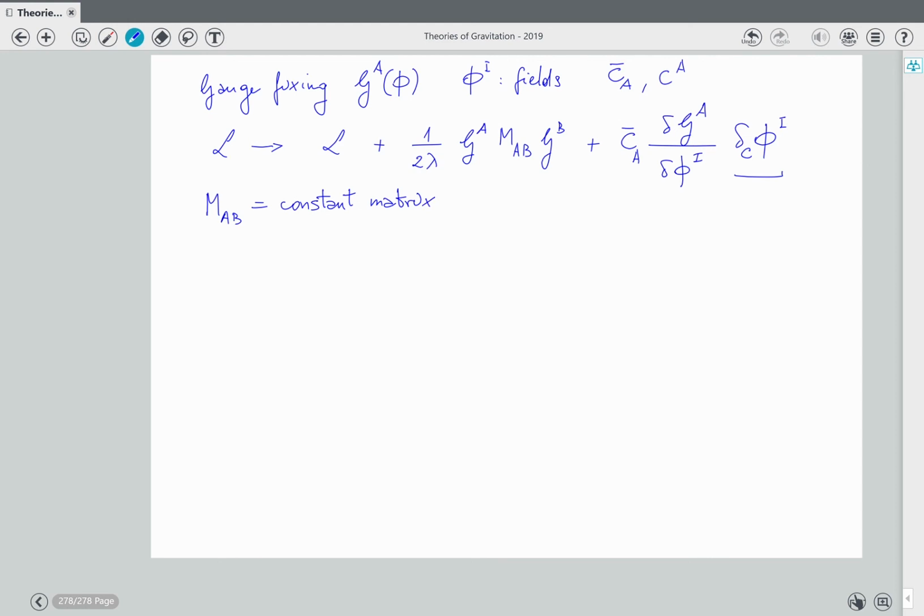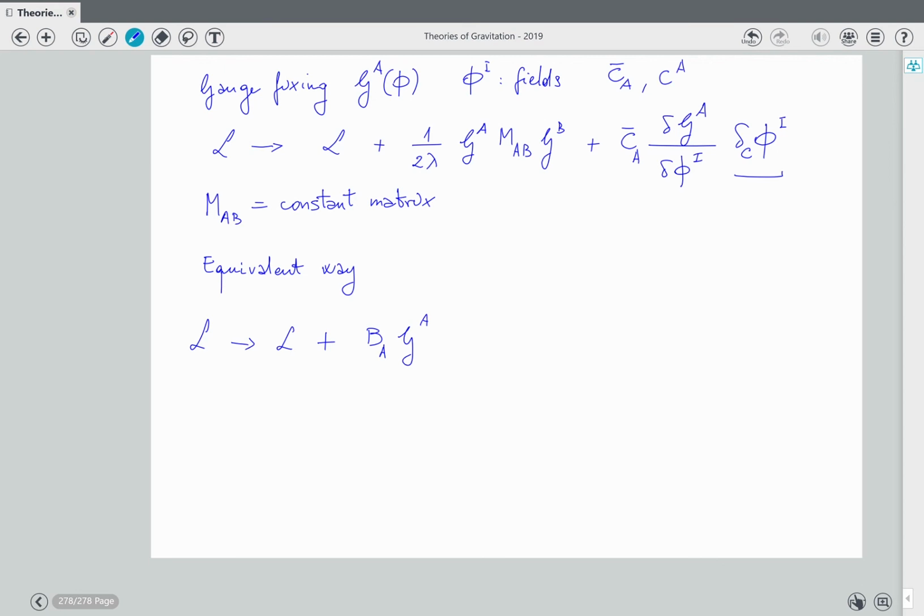Well, there is an equivalent way to write it. By means of some auxiliary fields, which normally are called B, capital B, that are Lagrange multipliers for the gauge conditions.